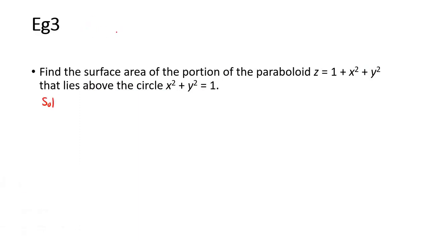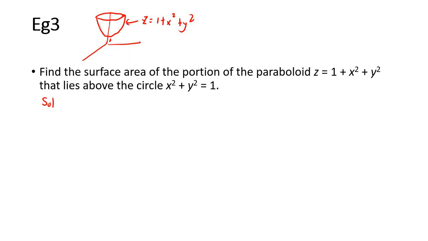I will sketch the graph on top so that you may see it. This paraboloid, we have z equal to 1, so this is z equal 1 plus x squared plus y squared.